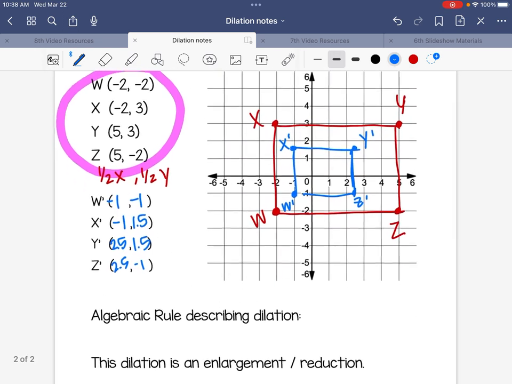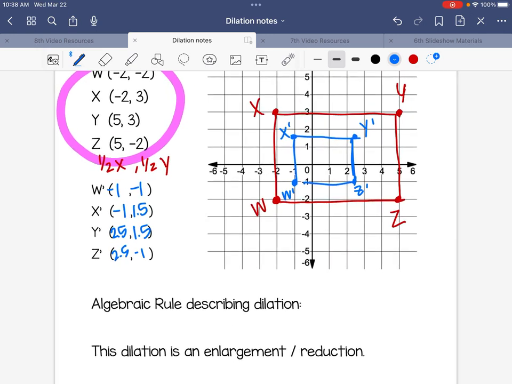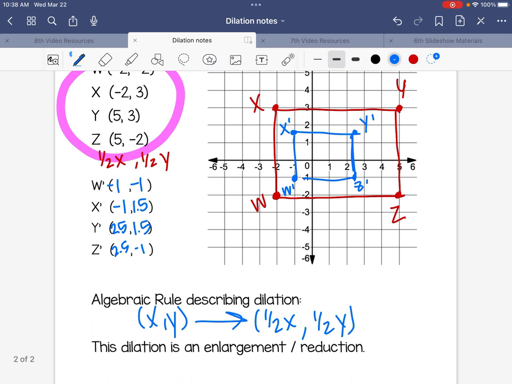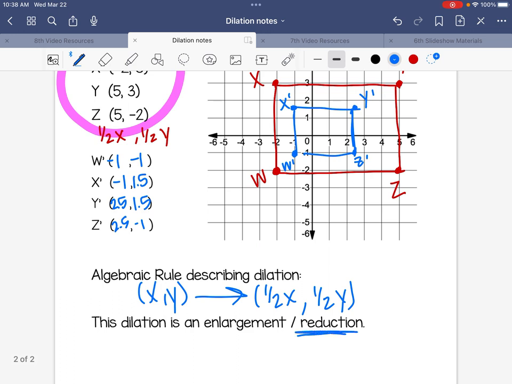But we want to write an algebraic rule. So again, our pre-image, which is (x, y), to find our new image, we took the x coordinate and we took half of it. And we took the y coordinate and we took half of it, because 1/2 was our scale factor. And we can see on our graph that this was a reduction.